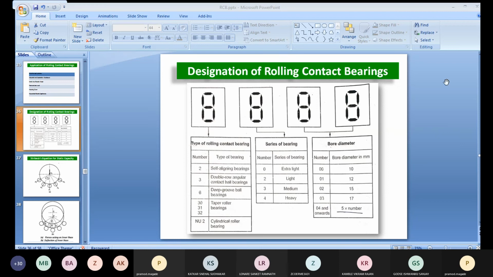Yes, sir. Okay, write down example. One example for that. 6004. Explain that example.